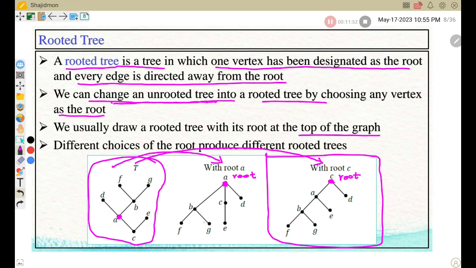From this graph itself I drew two trees: with root A I drew one, and with root C I drew another. So I hope you understood the meaning of a rooted tree. Just one vertex is assigned as a root, and every edge is directed away from that root. That is the rooted tree.